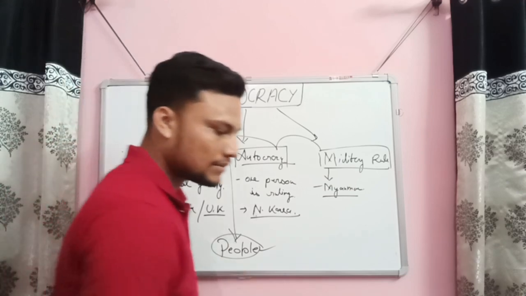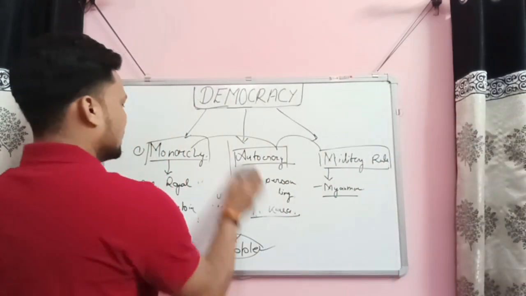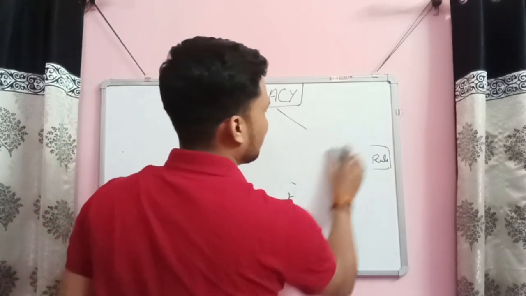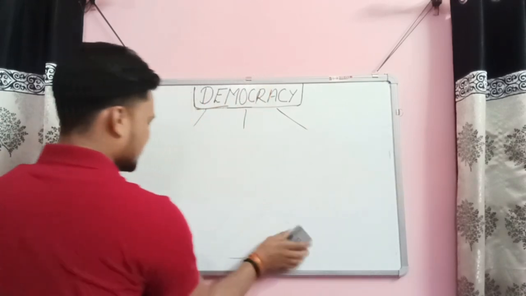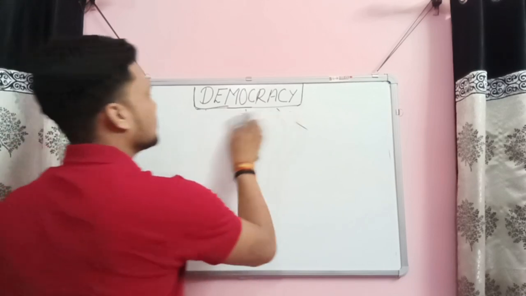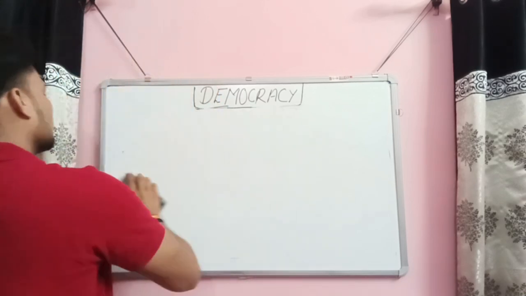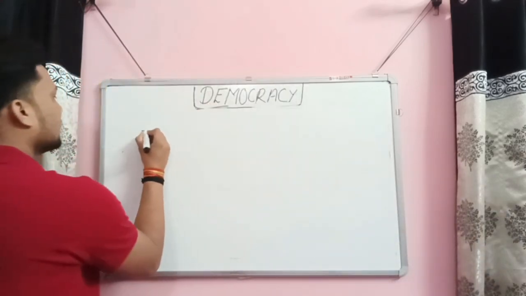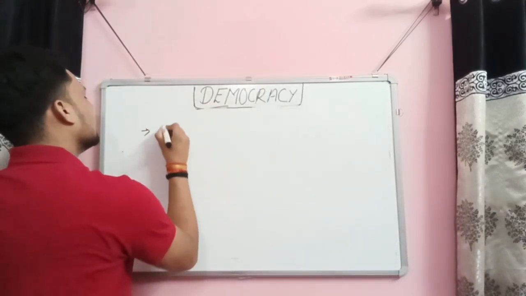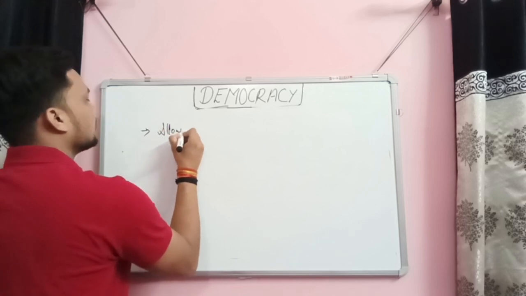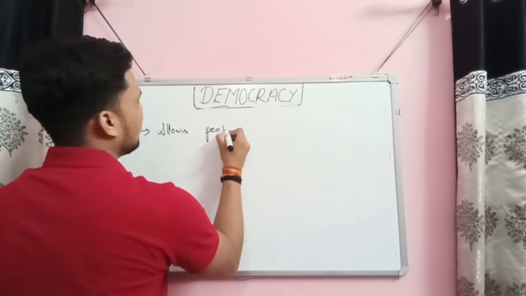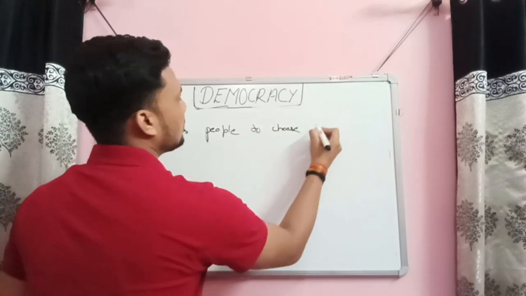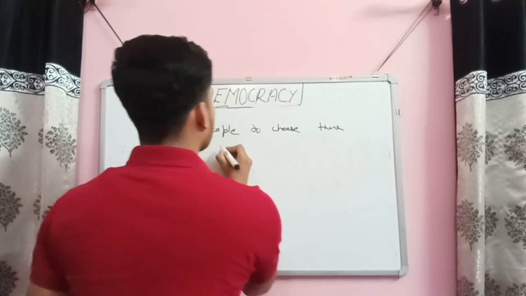That makes our topic democracy very important, where it is the people's government. So let's start. Today's topic is democracy. This is a brief idea about the other forms of government which are still prevailing. So what makes democracy so attractive? Because it allows people to choose their rulers.